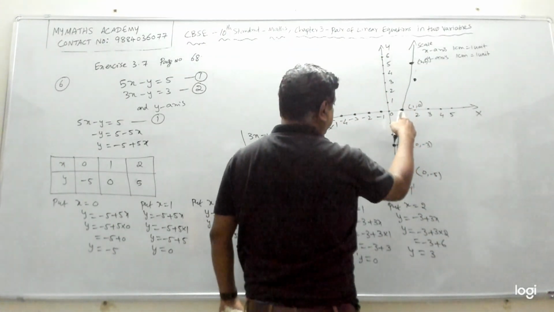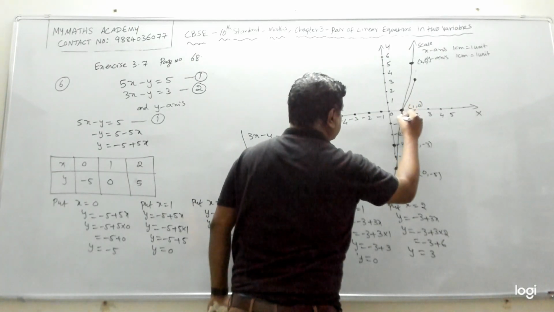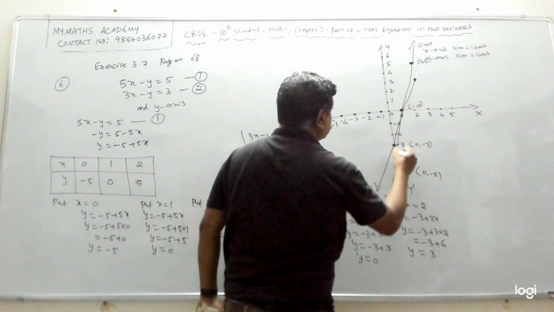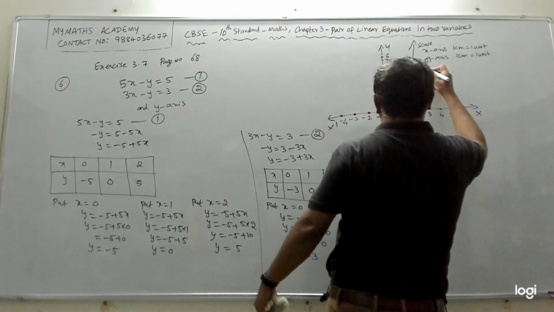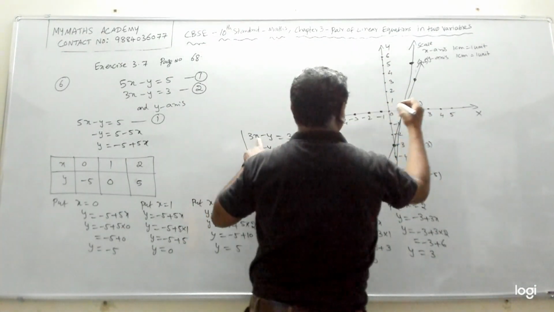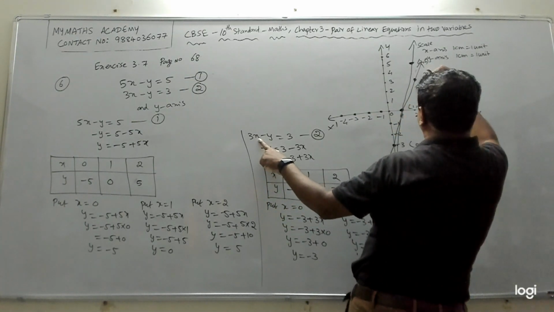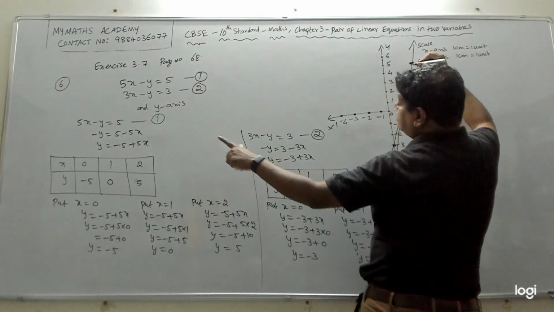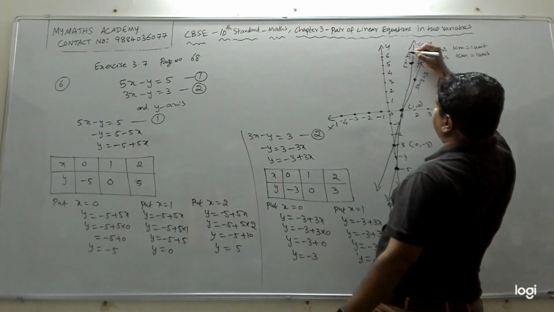This point, and this point. This is the line for, this is the graph for the other equation. This one. Right. This is for 3x minus y equal to 3, and this graph is for 5x minus y equal to 5.